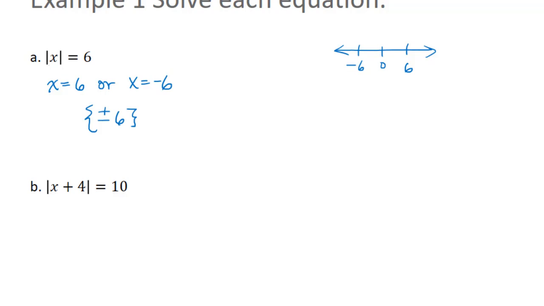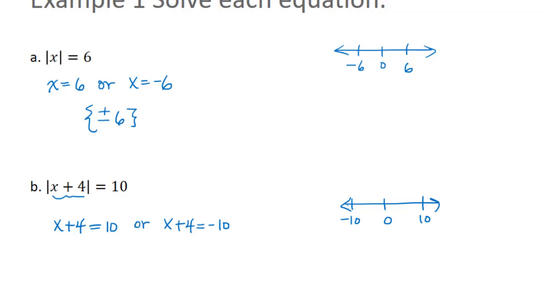So we have to set this inside expression equal to the numbers whose absolute value is 10. So what numbers have a distance from 0 of 10? Well, that's either positive 10 or negative 10. So x plus 4 has to either be positive 10 or x plus 4 has to be negative 10.